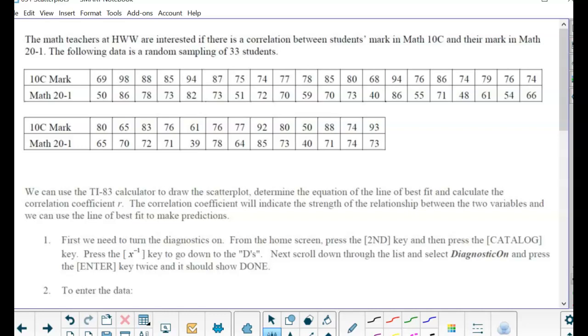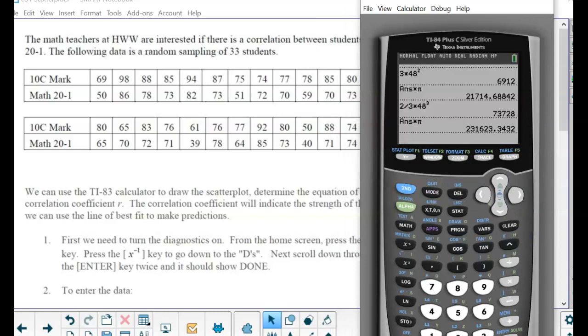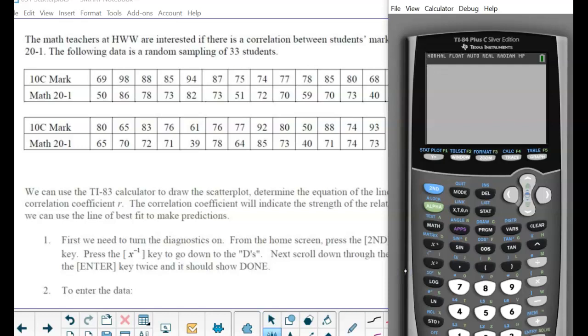So first we need to turn the diagnostics on. As part of your calculator, you kind of have to get it ready to do this kind of stuff. Okay, so when we do a line of best fit, our calculator will give us the equation for it. If we want to calculate what's called the correlation coefficient, and we're going to talk more about that in a bit, but if we want the calculator to do it, because we are not going to do it by hand, never, but the calculator will do it.